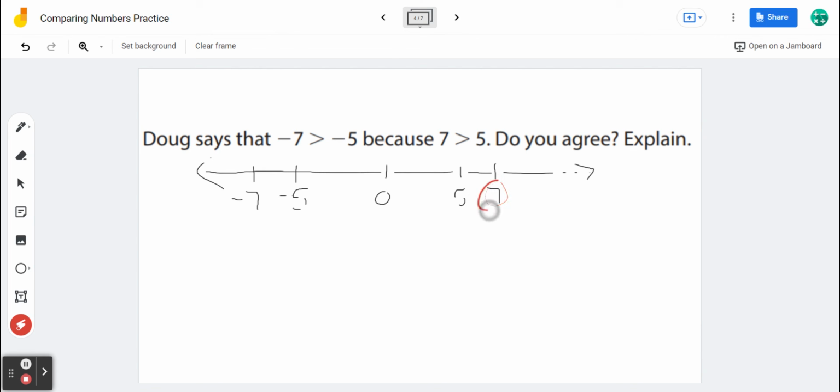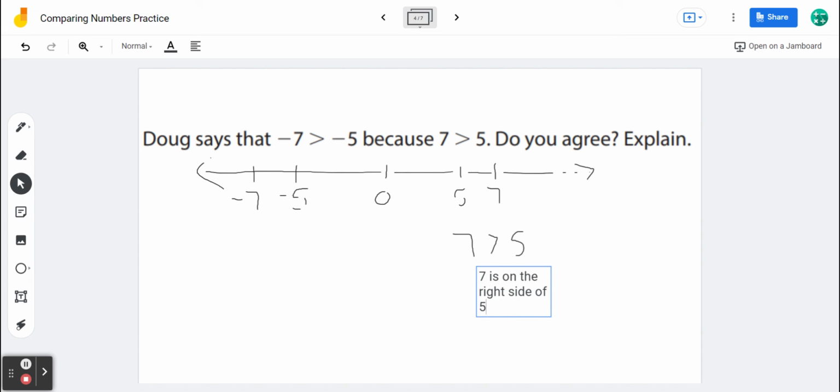So 7 is greater than 5. We know that. Why is that true though? This is true because 7 is on the right side of 5.